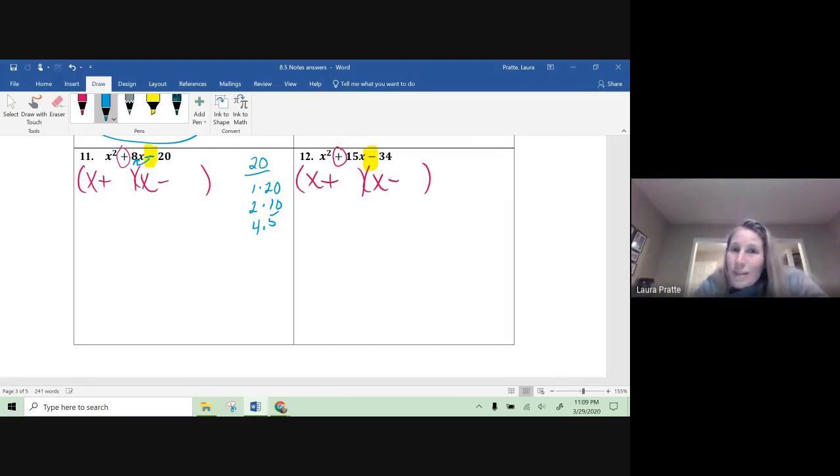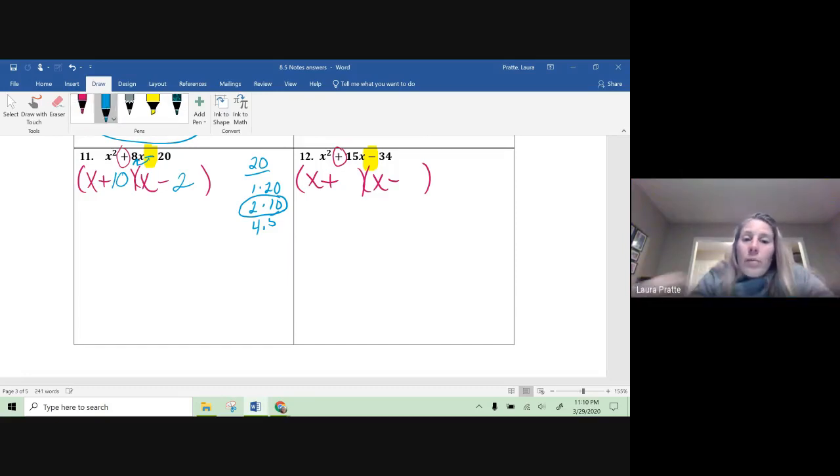So 20 and 1 would subtract to give me a 19. 5 and 4 would subtract to give me 1, but 10 minus 2 gives me an 8. So I know I have a 10 and a 2. Now the plus sign is going to go on the bigger number, since there's a plus here. And then the other number, the 2, is going to get the other sign, which is the negative.